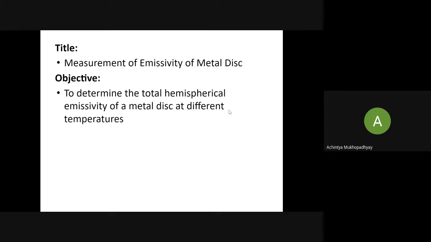But that is something which is difficult to measure, because unless you are doing it with radiation of a single wavelength, or coming from a single direction, or receiving over a very narrow range of field of view, it's difficult.